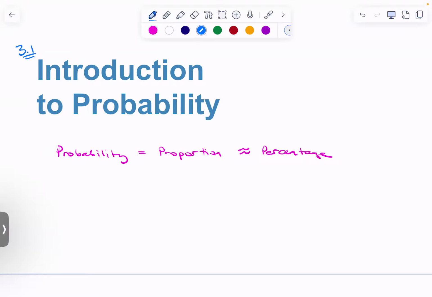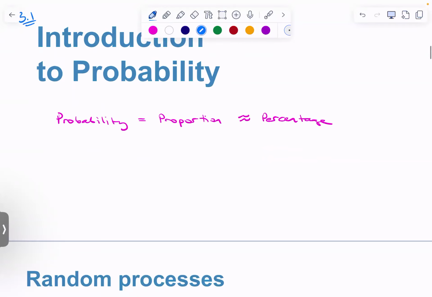So for example, we could have a probability of 1 in 4, which is the same as 0.25 or roughly 25%. We have to multiply by 100. Probabilities don't have to be fractions, but often they are.